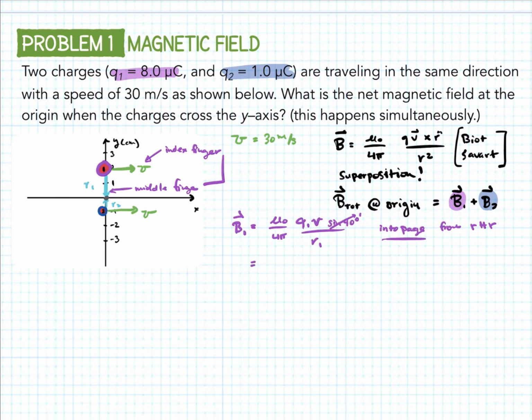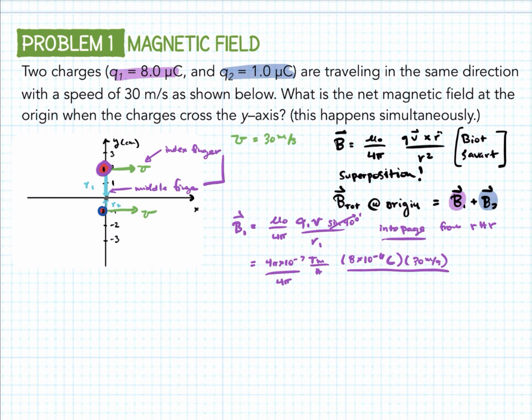So this is going to be 4 pi times 10 to the negative 7th Tesla meters per amp over 4 pi. Q1 is 8 times 10 to the negative 6 coulombs, that's 8 microcoulombs. V is 30 meters per second.